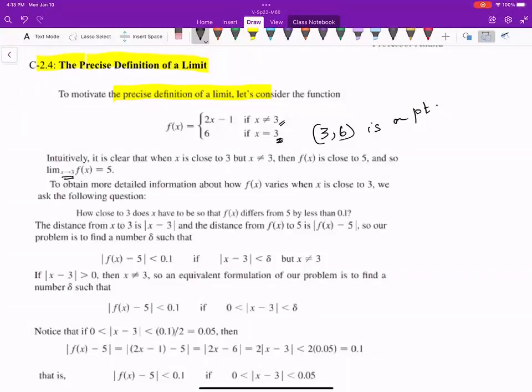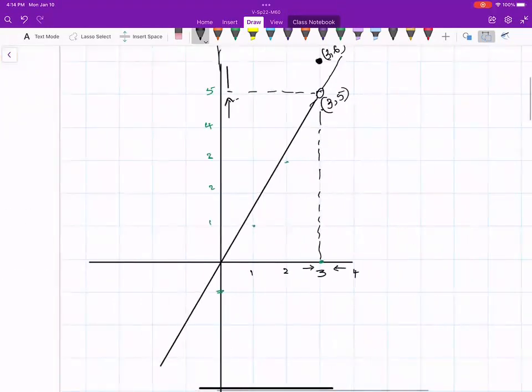To obtain more detailed information about how f of x varies when x is close to 3, we ask the following question. How close to 3 does x have to be so that f of x differs from 5 by less than 0.1? So we say that here f of x approaches 5.